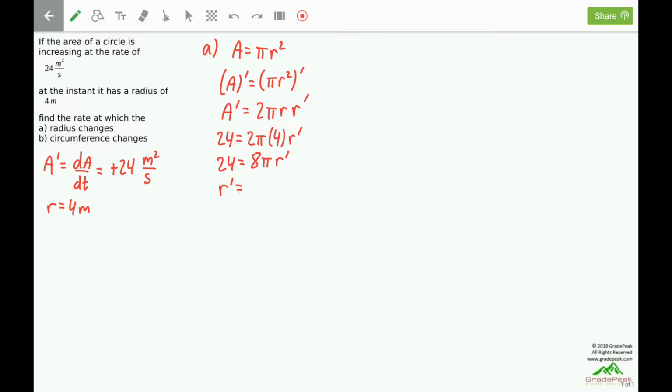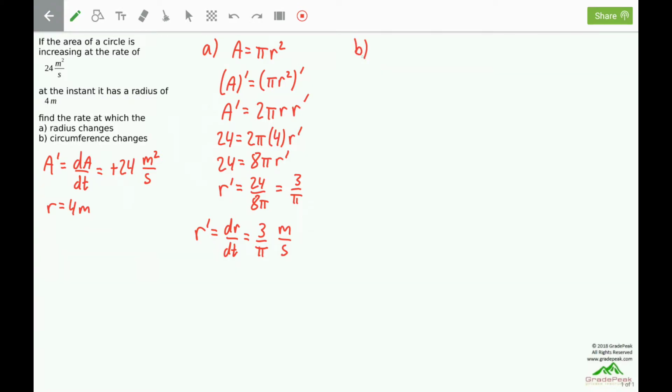And we can solve for r prime by dividing both sides by 8 pi. 24 is divisible by 8, and that becomes a 3 over pi. So r prime, or dr/dt, will be 3 over pi, and units of r, radius, in meters over time in seconds, meters per second.